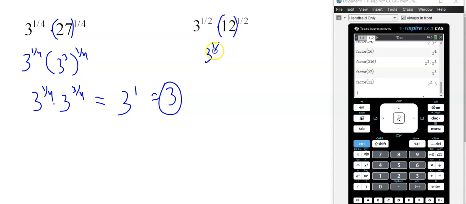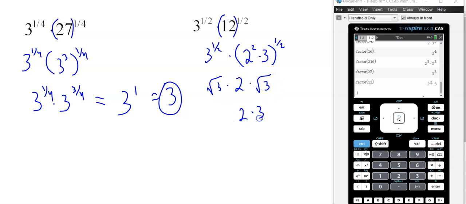So this is 3 to the 1/2 times 2 squared times 3 to the 1/2. 1/2 power is really square root, so this is square root of 3 times 2 squared to the 1/2, which is 2 to the 2 times 1/2, which is 1, so that's times 2. And 3 to the 1/2 is really square root of 3. Square root of 3 times square root of 3 is 3, so 2 times 3, or 2 times square root of 9, which is 6.